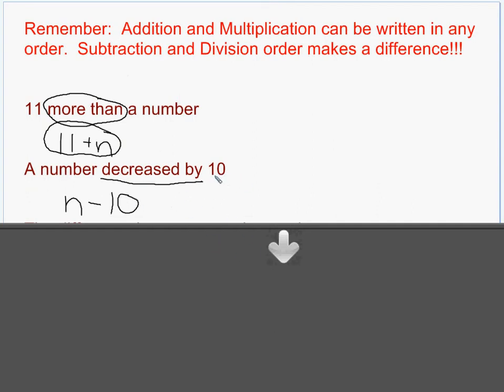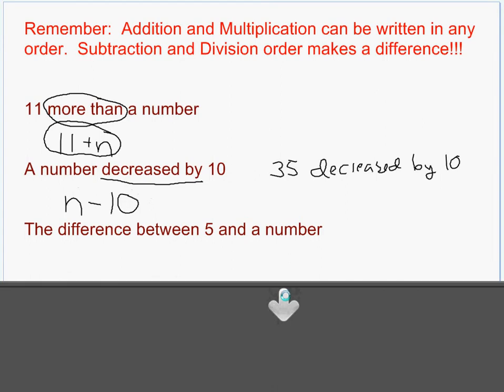Sometimes, if students are having a hard time knowing what goes first, I tell them this. Put in a number. Say, okay, if I have 35 decreased by 10, what would that look like? Sometimes if you fill in a number, it makes it a little easier to see what that would look like translated.